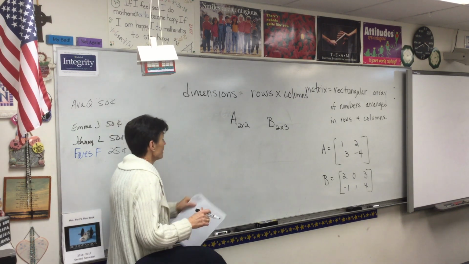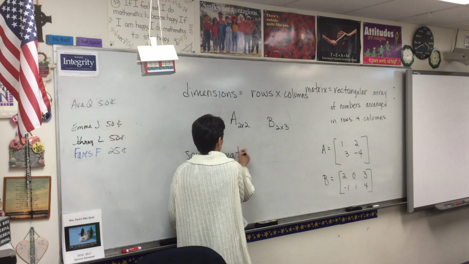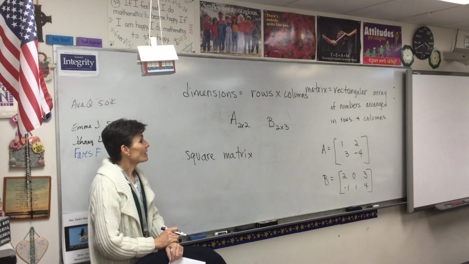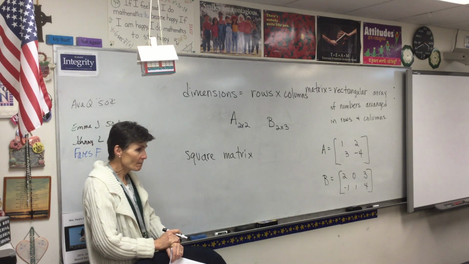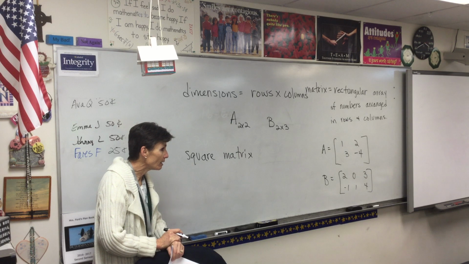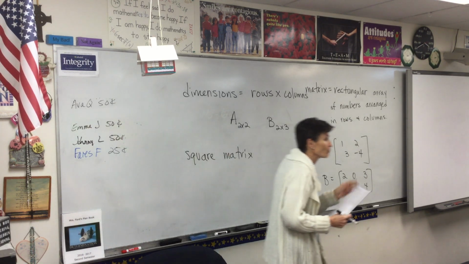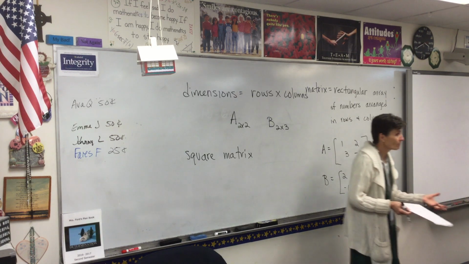Now, C is a square, that definition is square matrix. What do you think a square matrix is? Like a 2 by 2 or a 3 by 3. In other words, a square matrix has the same number of rows as columns. It's just like with a regular rectangle. What makes a rectangle a square? The length and the width are the same? The dimensions are the same? If the dimensions are the same, then it's a square matrix.